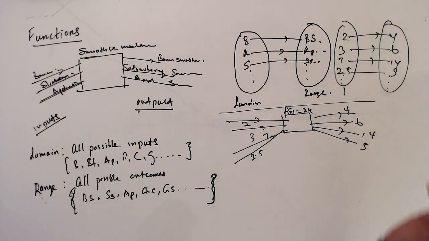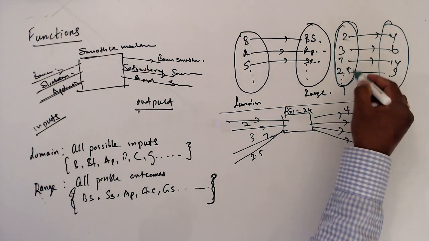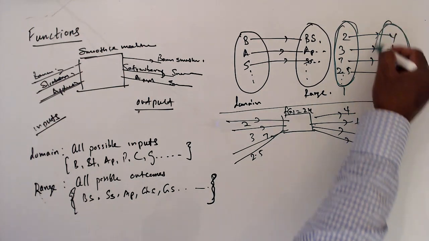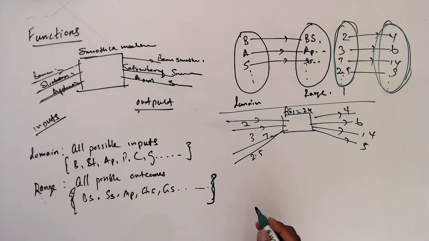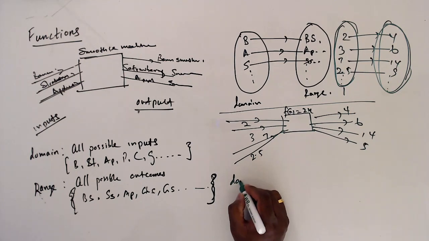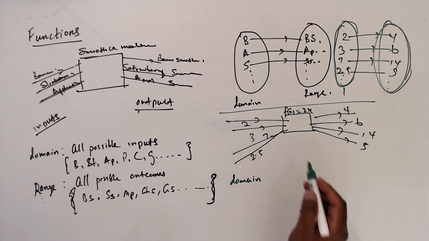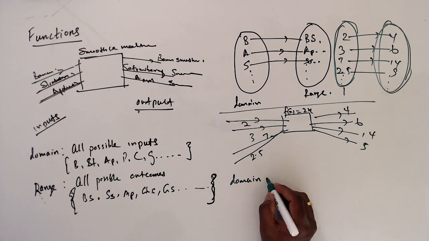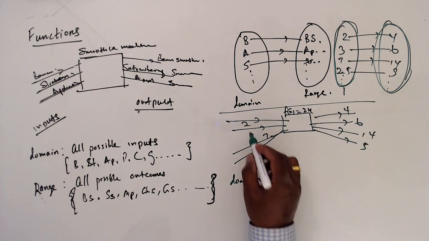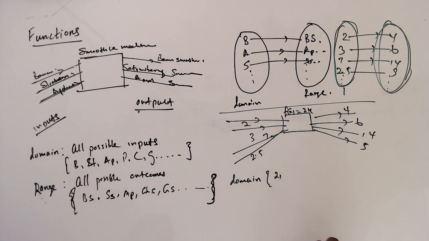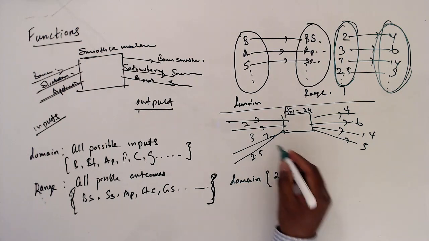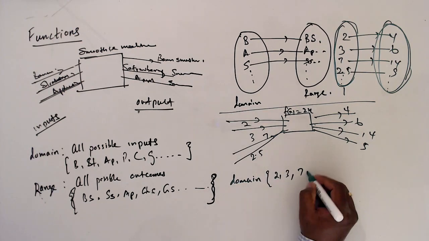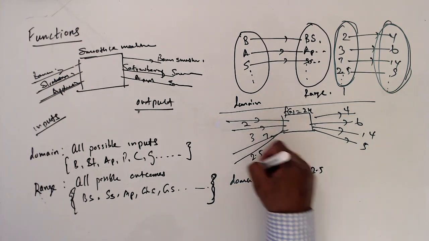So we have to write all possible inputs and all possible outputs. So domain. Can you write the domain for f(x) = 2x? Okay, we'll try. We can double 2, we can double 3, we can double 7, we can double 2.5.